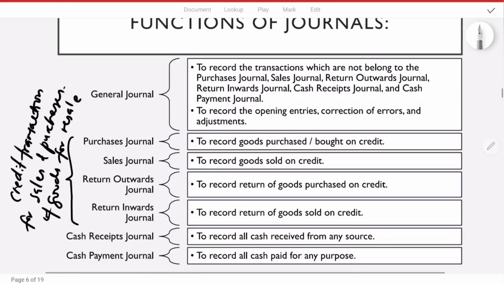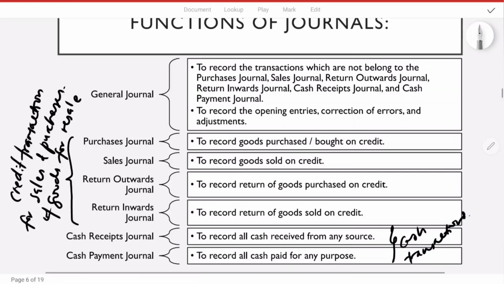They are used for credit transactions only. If the purchase is a cash purchase or the sale is a cash sale, these are recorded in the cash receipt journal and cash payment journal, for all cash transactions.